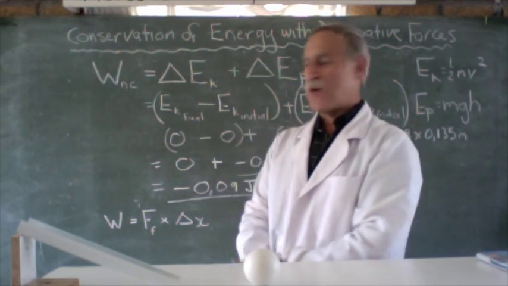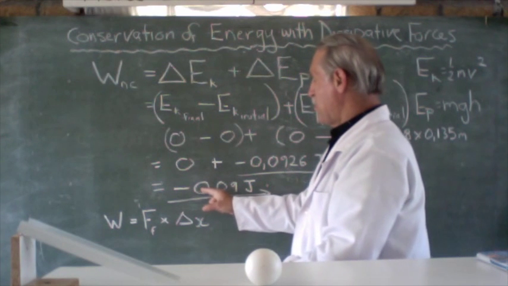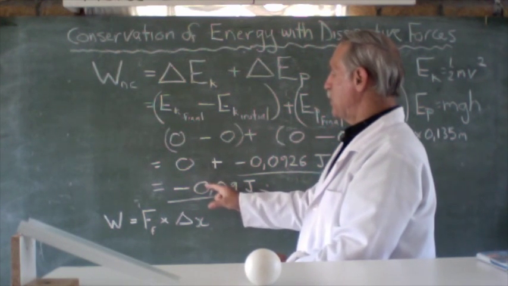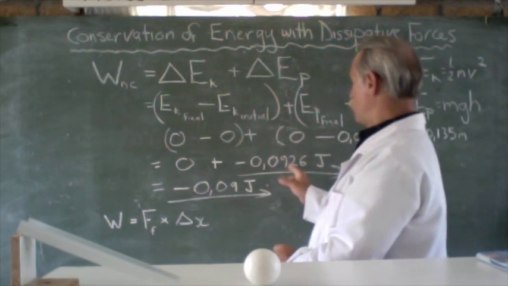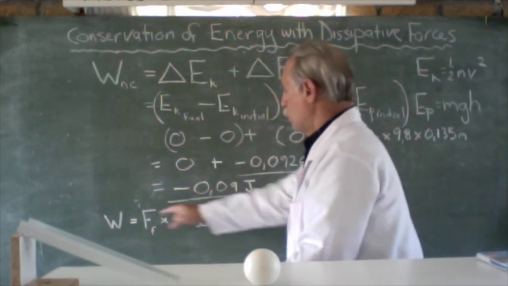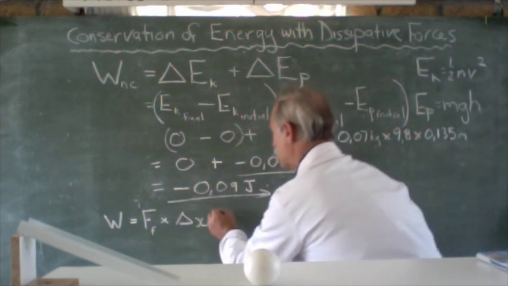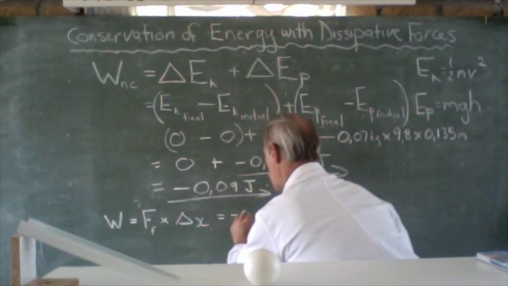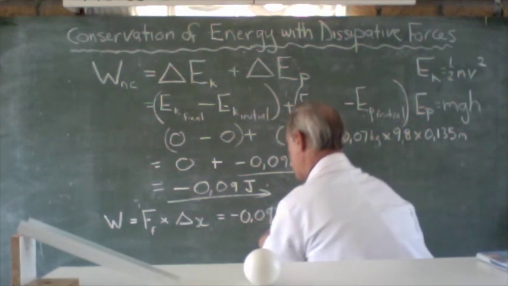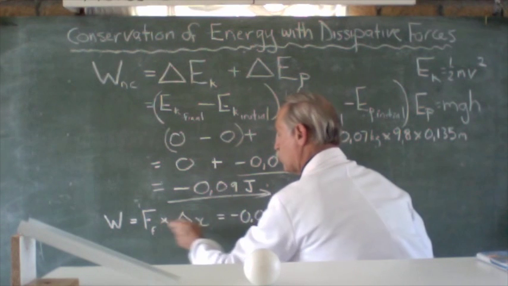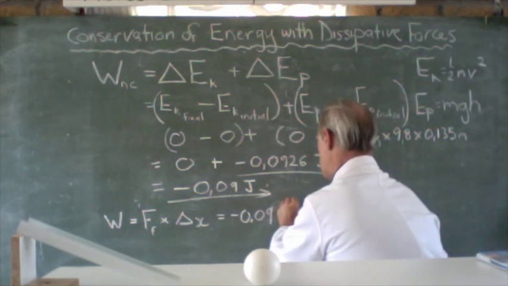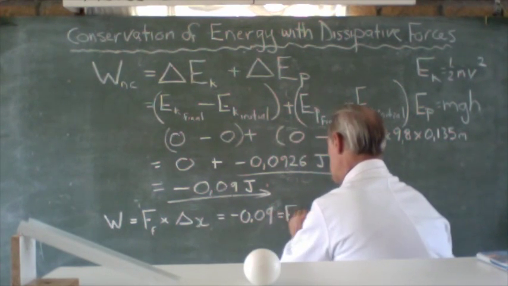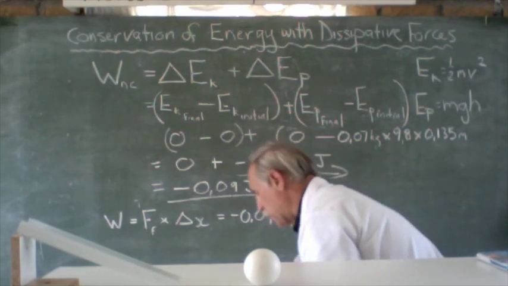Now we know that our work done is minus 0.09 joules. So this force times displacement is going to be equal to minus 0.09.